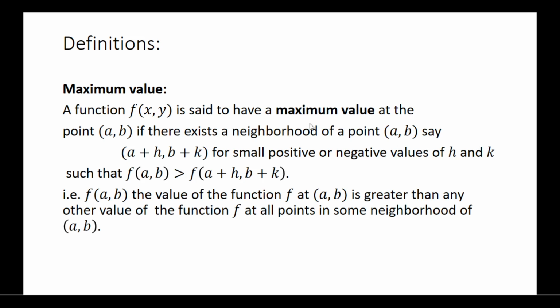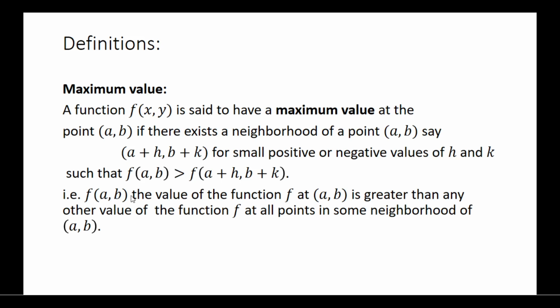Maximum value. A function f of x comma y is said to have a maximum value at the point a comma b if there exists a neighborhood of the point a comma b, say a plus h comma b plus k, for small positive or negative values of h and k, such that f of a comma b is greater than f of a plus h comma b plus k.